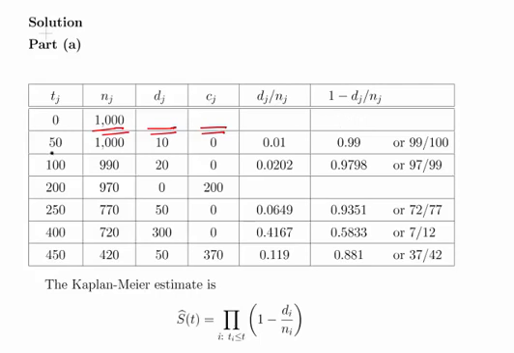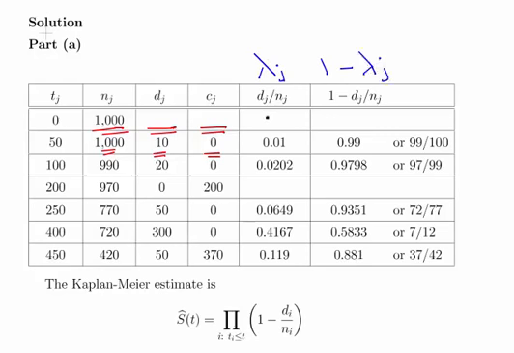So the second period, which starts at 50 hours and goes on until the 100th hour, we have 1,000 light bulbs, and 10 of them break. We don't lose any. So essentially, the event probability for this period, 50 to 100 hours, is 0.01, which is 10 out of 1,000. Sometimes we might denote that as lambda j, and 1 minus lambda j.